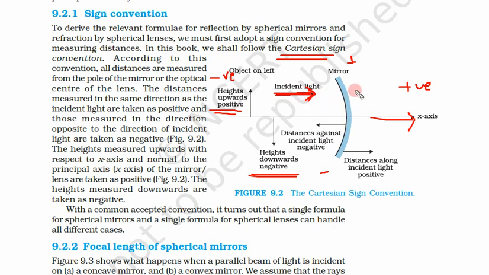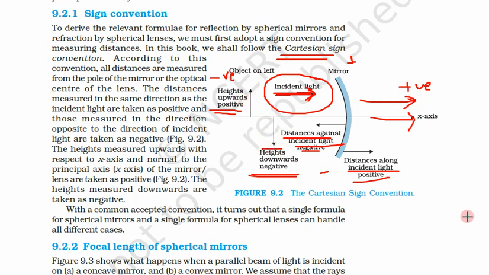So we can say it in other terms: distances along the incident light are positive, distances against the incident light are negative. Incident light is in this direction, so in this direction distances are positive, in this direction distances are negative. Heights upwards are positive, heights downwards are negative.